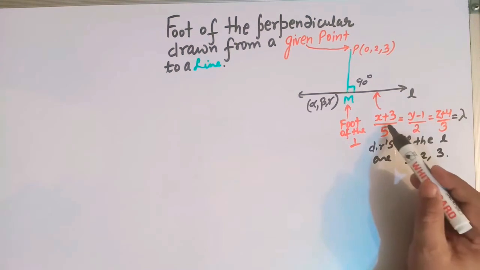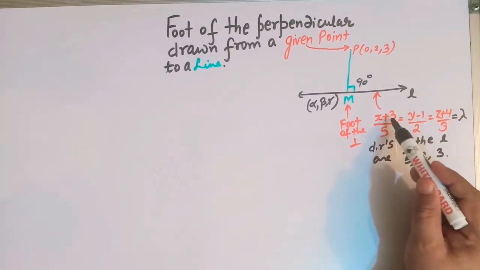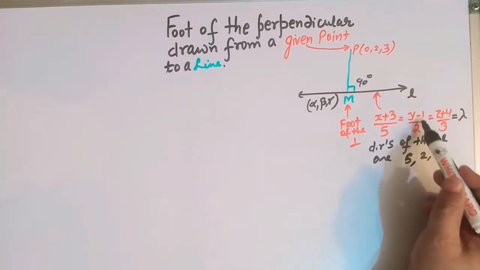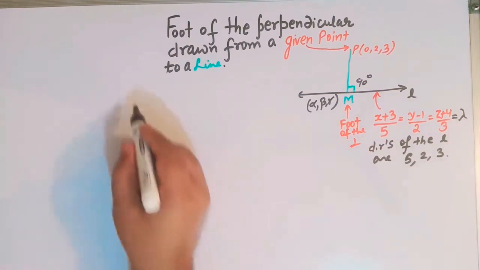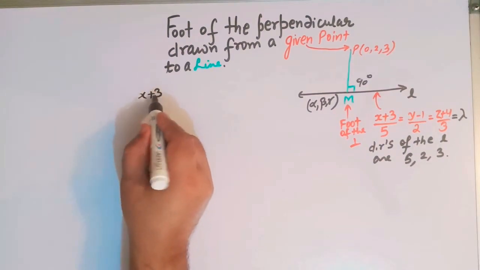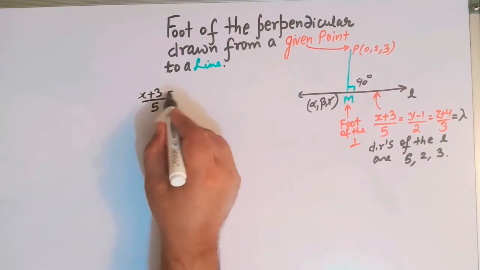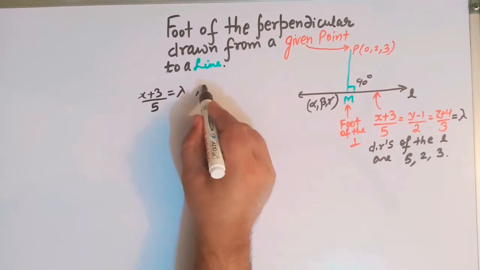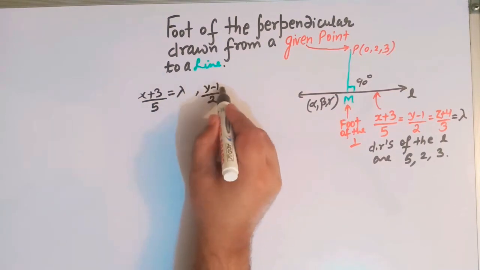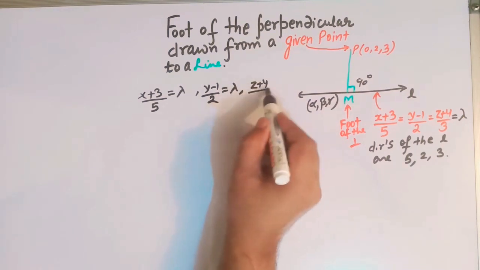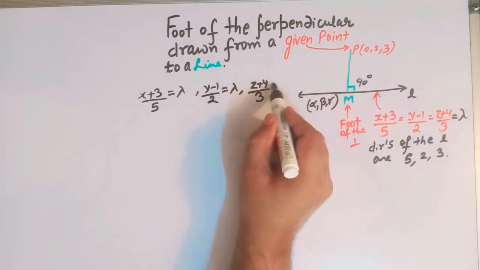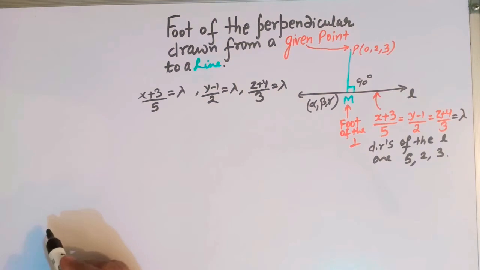Now here we have equated these three ratios, that is (x plus 3)/5, (y minus 1)/2 and (z plus 4)/3 equal to lambda. So we can write (x plus 3)/5 is equal to lambda, (y minus 1)/2 is equal to lambda, and (z plus 4)/3 is equal to lambda, right?